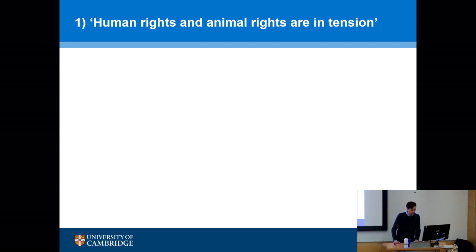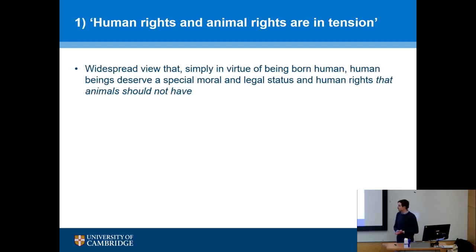Okay, let us start then with the first extreme view, if you like. And it's this view that human rights and animal rights are in tension. Now, one particularly widespread assumption or claim that you can find is that just in virtue of being human, in virtue of belonging to the human species, all human beings have a special moral status and a special legal status that only they should have, and that animals should not be allowed to have as well.